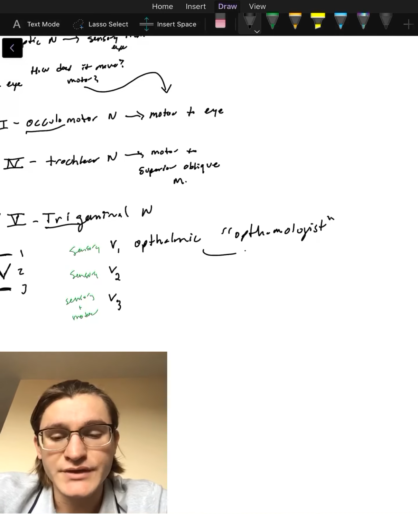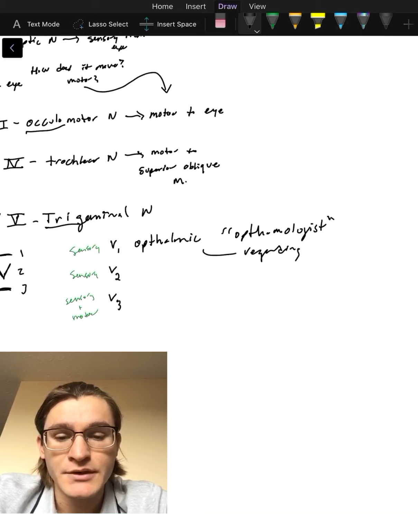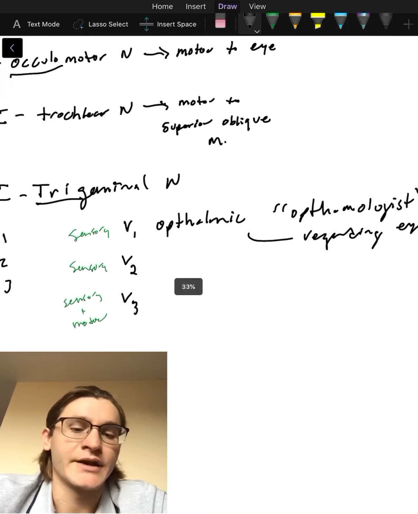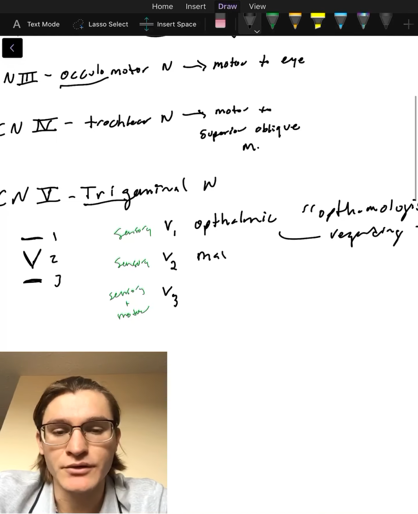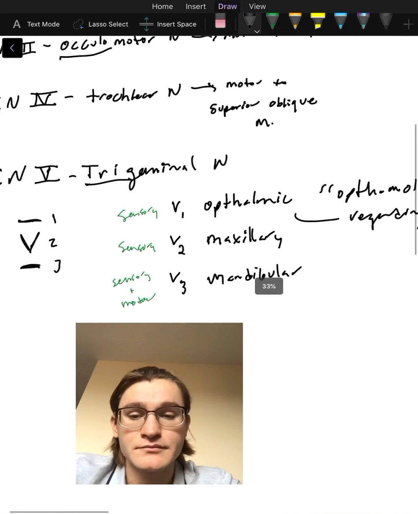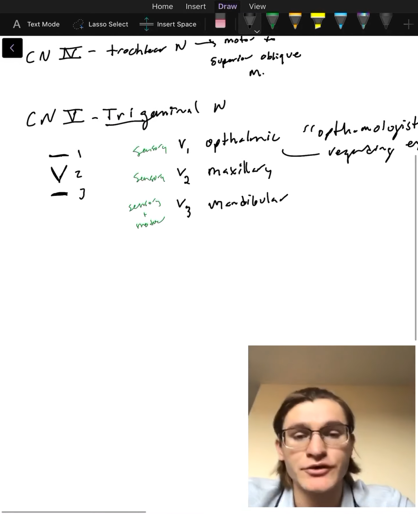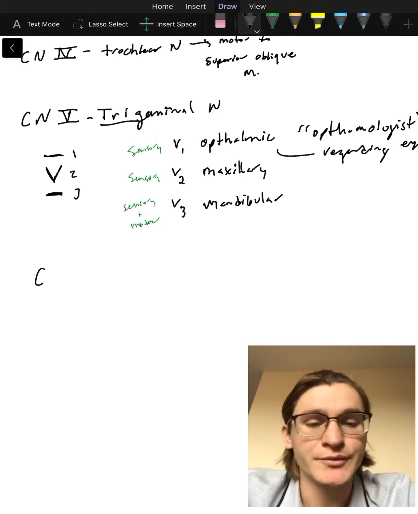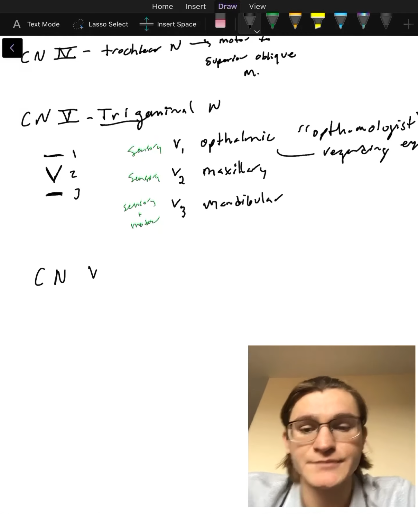But all 3 of these are going to have additional branches off of them, so it's like a big branch chain, all coming off the trigeminal nerve. The second trunk will be the maxillary, and the third trunk, which has both sensory and motor, will be mandibular. So trigeminal nerve has those 3 branches, and those 3 branches will have additional branches.